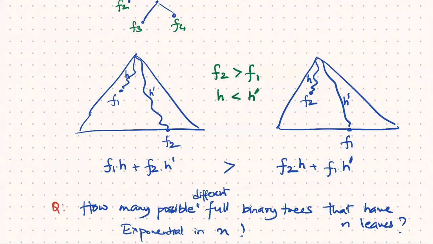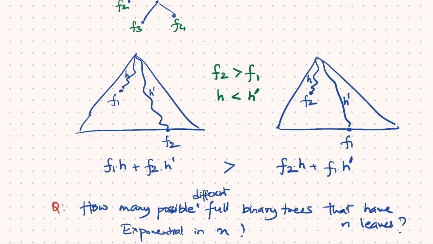how Huffman came up with this idea, and it again uses this famous exchange trick that we have been using for many of the previous greedy algorithms. Okay, except that here we are not really working with a sequence of inputs.